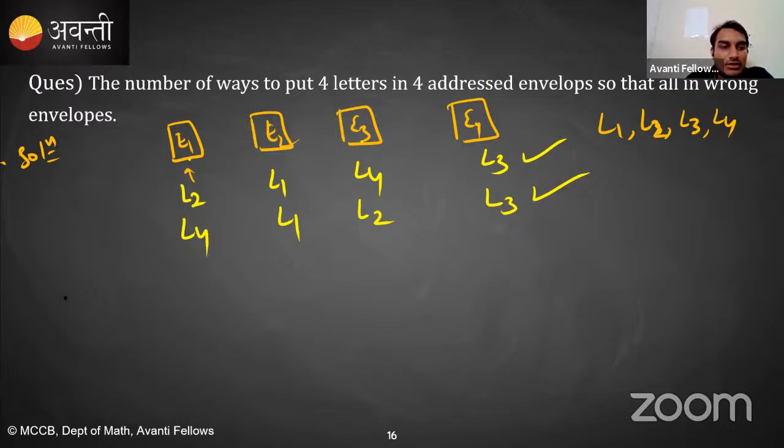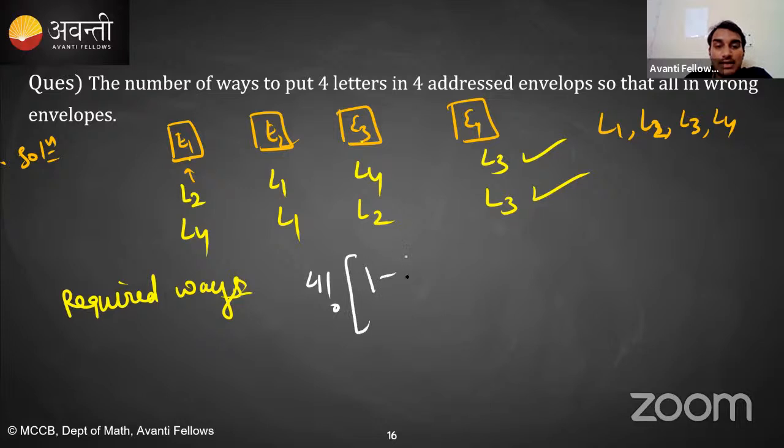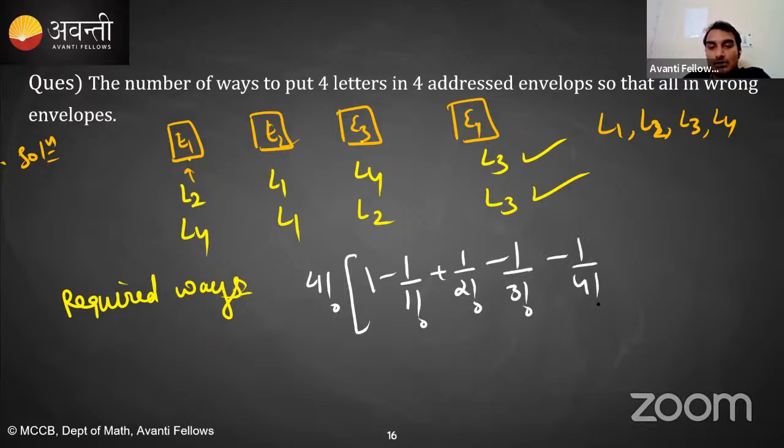It is derangement, right? The required ways come from the formula of derangement. What is the formula? n factorial, which is 4 factorial, into 1 minus 1 upon 1 factorial plus 1 upon 2 factorial minus 1 upon 3 factorial plus 1 upon 4 factorial. Because n was 4, we stop at 4. This is the number of ways.